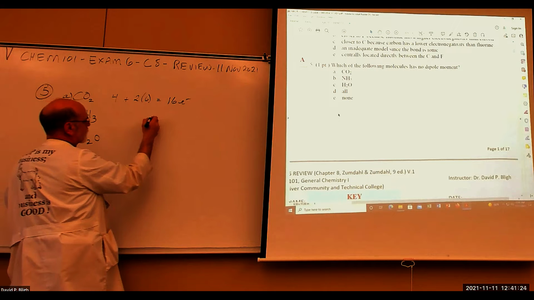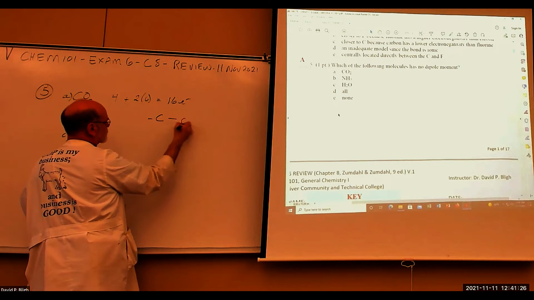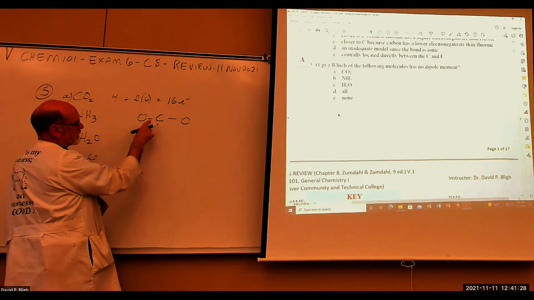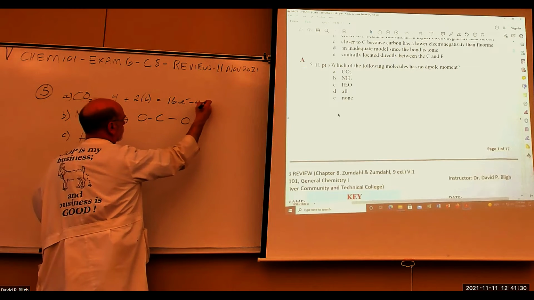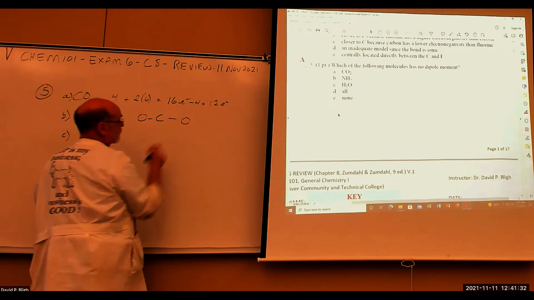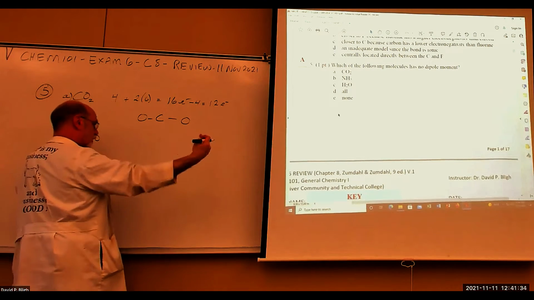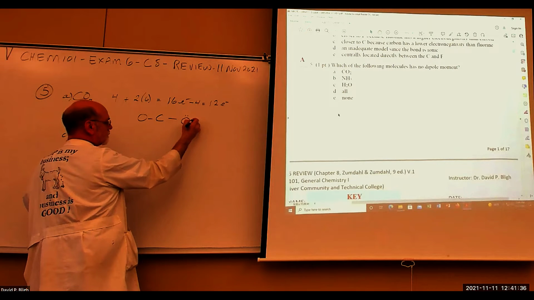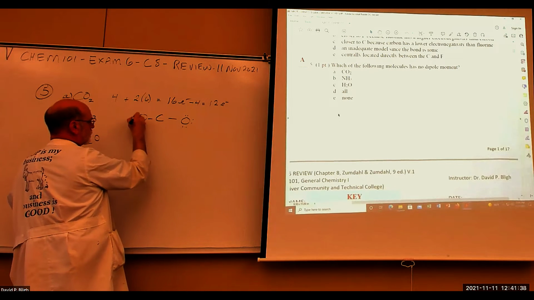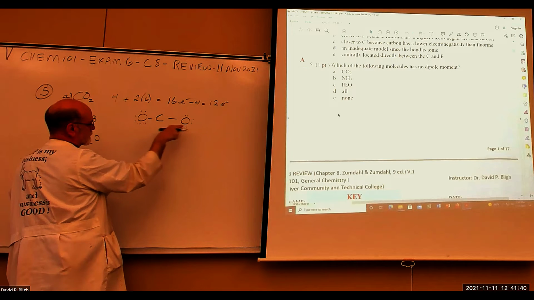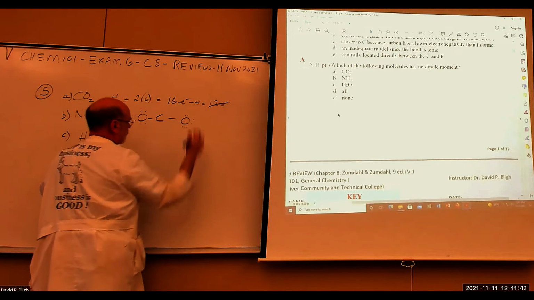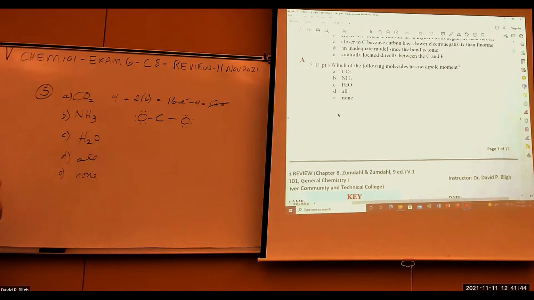So carbon dioxide, put carbon in the middle, oxygens on either side. So that's 2, 4 equals 12 electrons that we have to position. Work from the outside in. So that's 6 and 6 is 12. They're all used up.